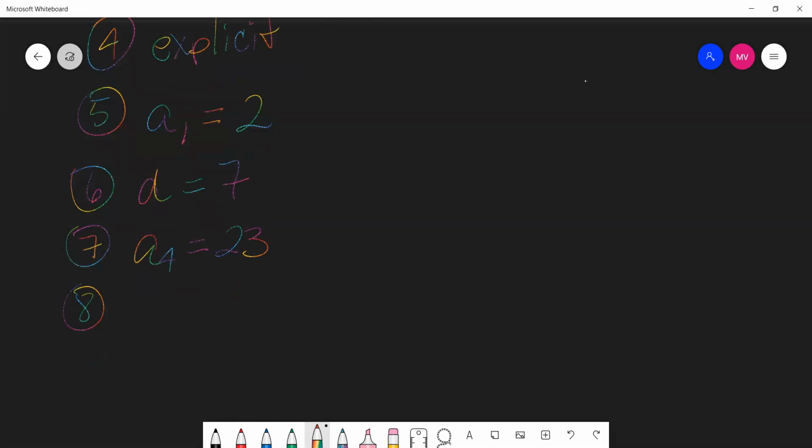for the term at position 7. Now, I would go ahead and use your explicit formula for this. So if you want to know what the term is at position 7, it's the term at position 1, which is 2, plus 7 minus 1, which is 6, times the difference, which is 7.